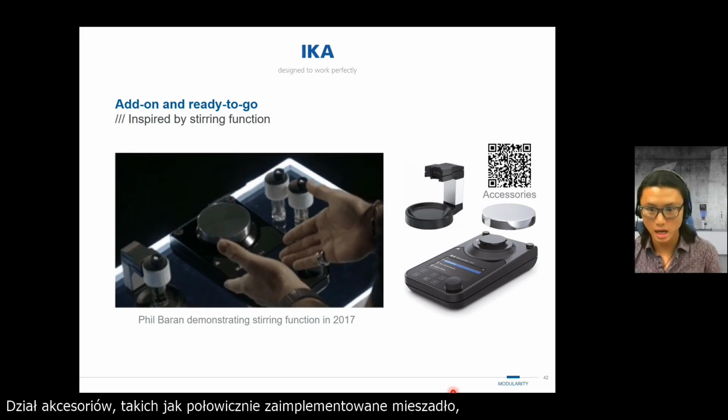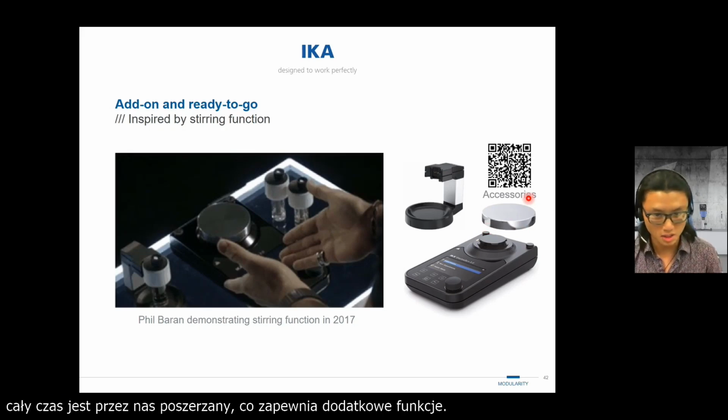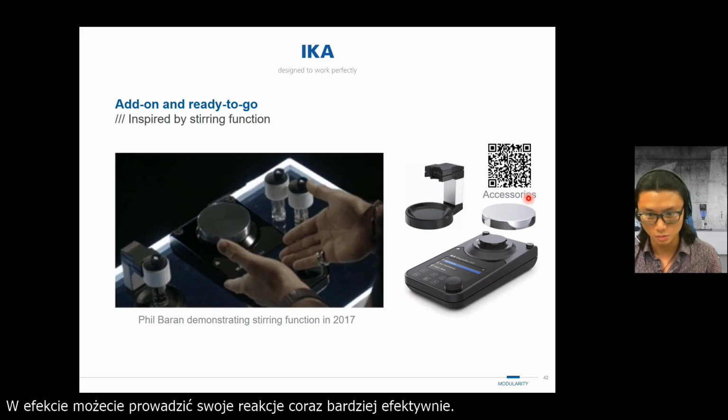Just like how we install the stir plate module, we modularize other accessories to provide you additional functionalities so that you can run your reaction more efficiently.